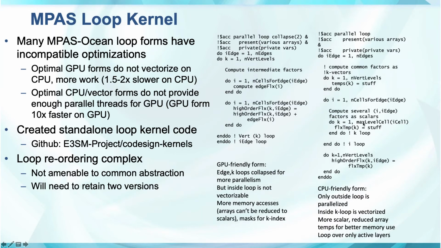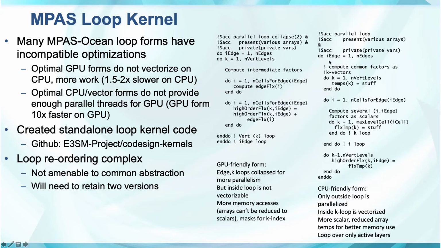We can also take advantage of the fact that the number of vertical levels varies, so we can reduce the amount of work by doing a variable amount of work per column. We can also create some reduced size temporaries to improve the memory footprint and the memory access within these loops.